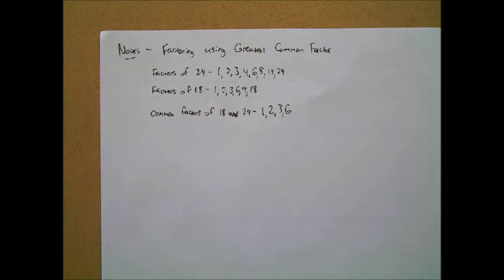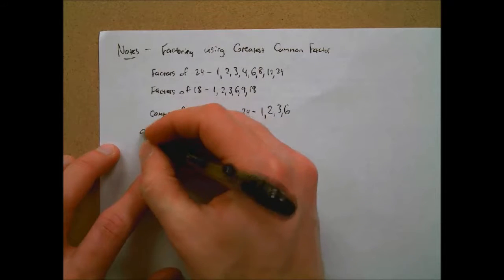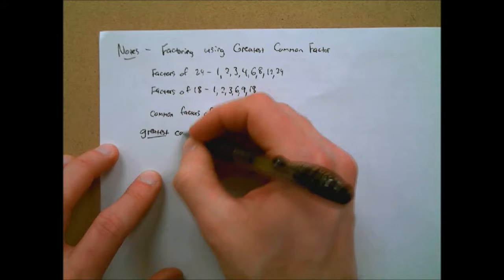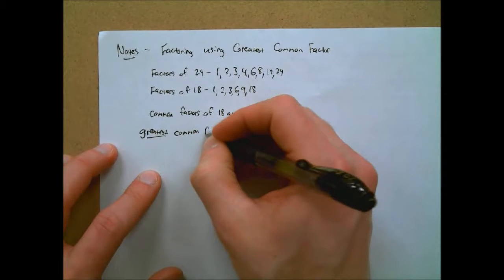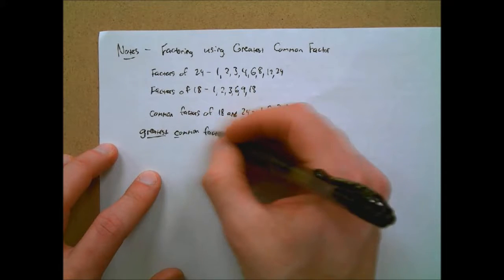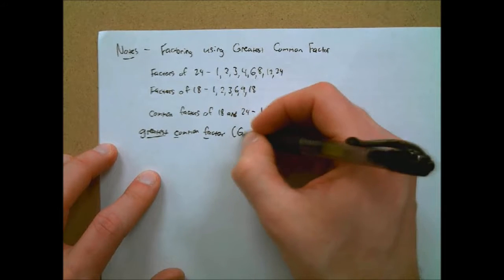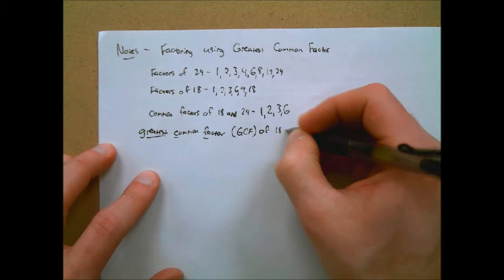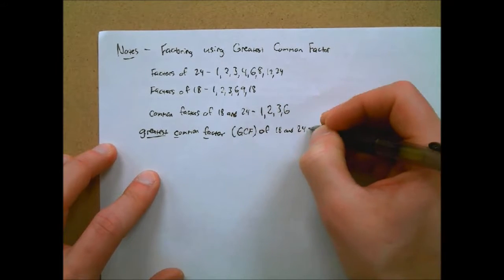And so then the greatest common factor, which is what we will refer to as GCF for short, because it's a lot to say. The greatest common factor of 18 and 24 is 6, right?